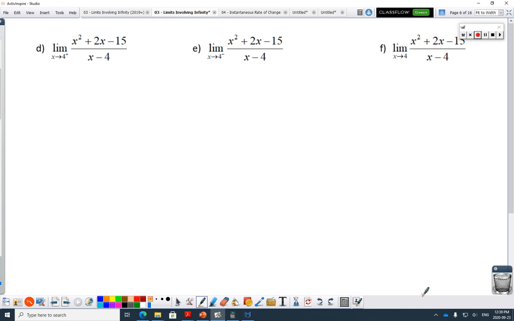What is going on? Well, there's lots of information to know about what's going on before you can really address this question. First, this thing has a vertical asymptote at x equals 4. So what they're asking in the question is, here comes the vertical asymptote.